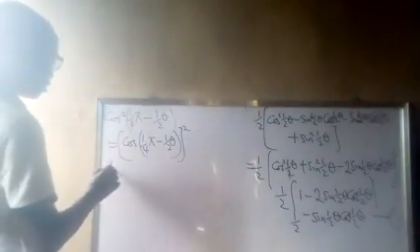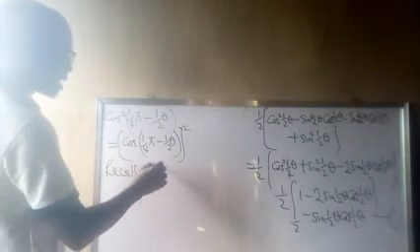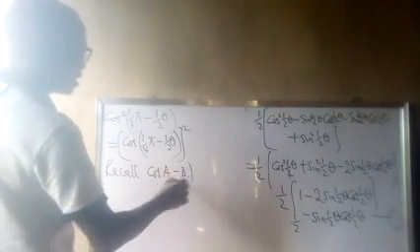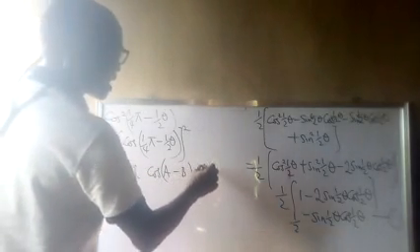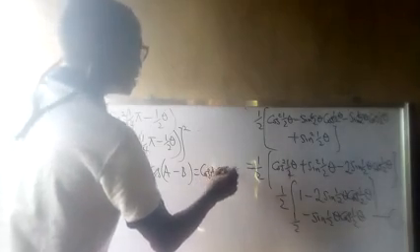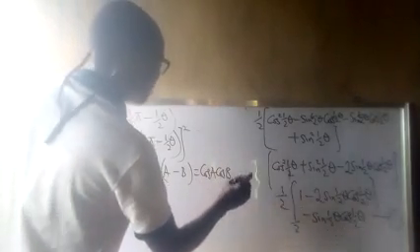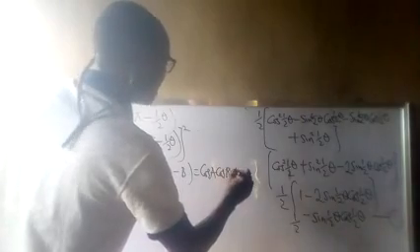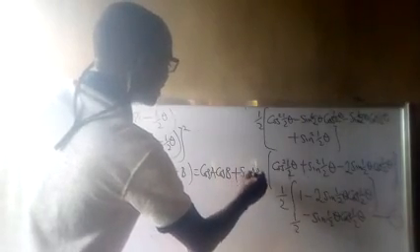And recall cos A minus B is equal to cos A cos B plus sine A sine B. I hope we can remember that vividly, from our knowledge of the addition formula of cosine.